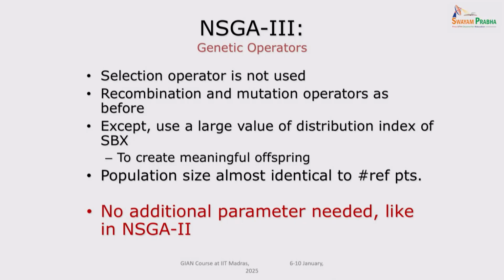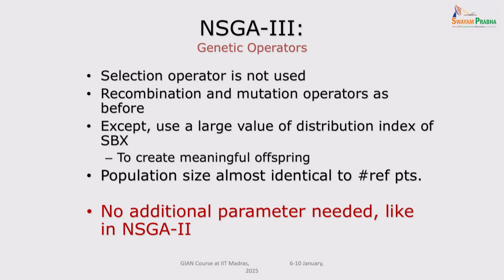How do you handle this very last front? Okay, again, there is no parameter that I talked about, no parameter anywhere, right? So it's like an NSGA2, but then with decomposition concept. So no selection operator, recombination mutation as usual. Sometimes we could do a mating restriction for very large number of objectives, but in our NSGA3 code, we don't have that explicit.